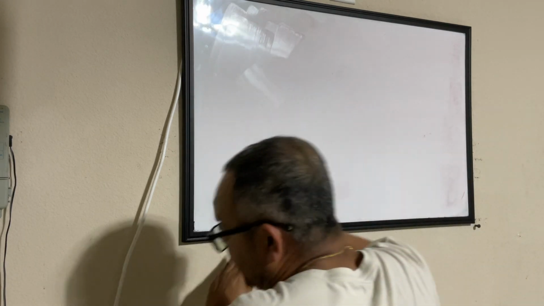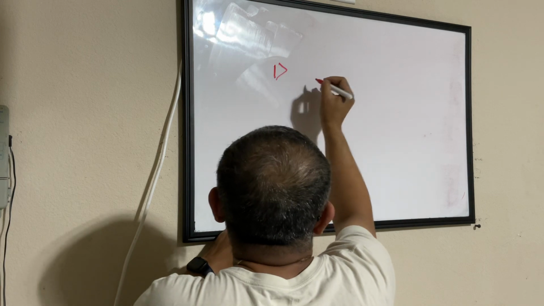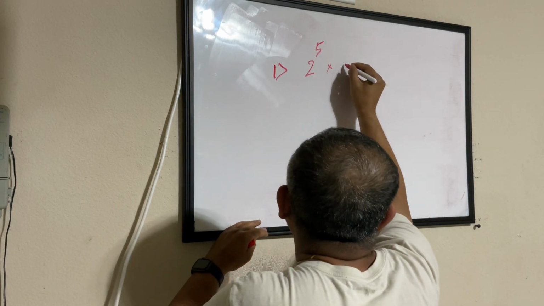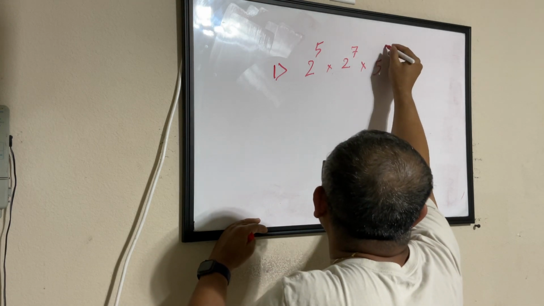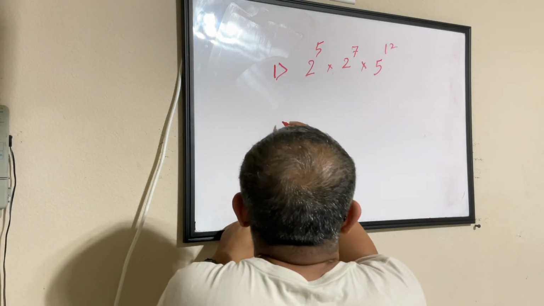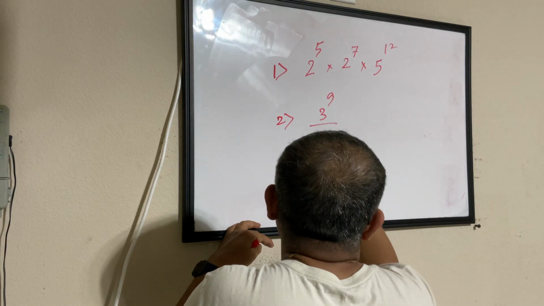I want you guys to practice few problems in front of me, easier ones. 2 to the power 5 multiplied by 2 to the power 7 into 5 to the power 12. This is one. Second problem is 3 to the power 9 divided by 3 to the power 6.